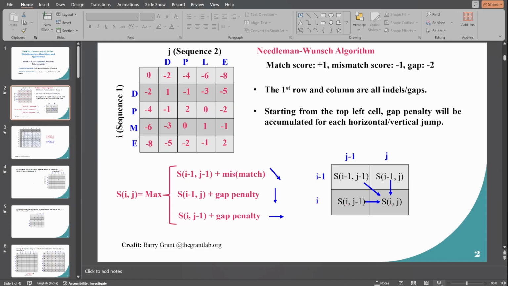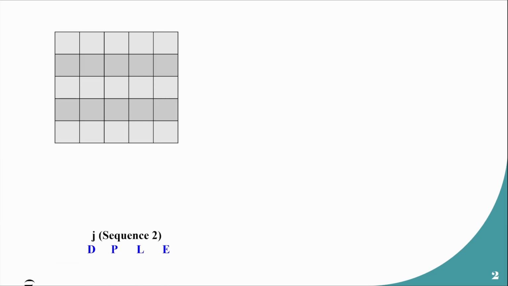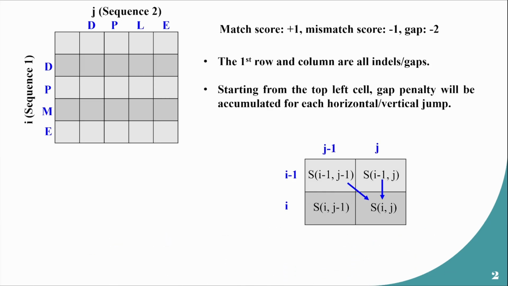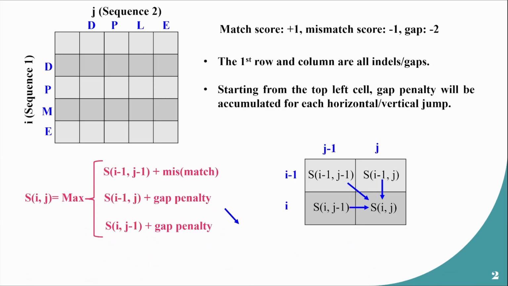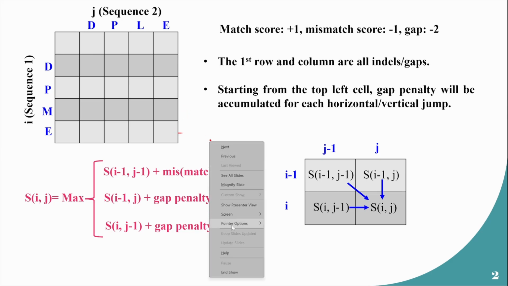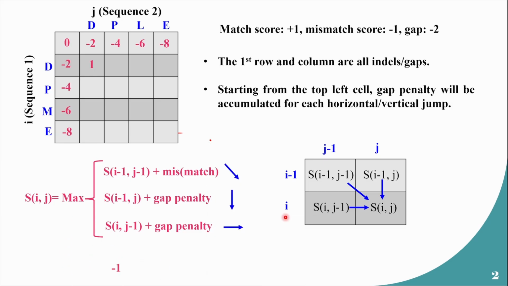What I was talking about is that the max value of these three routes, diagonal, horizontal, and vertical, was considered for filling out a particular grid. Whatever was at the bottom right corner was our maximum or optimal alignment score.